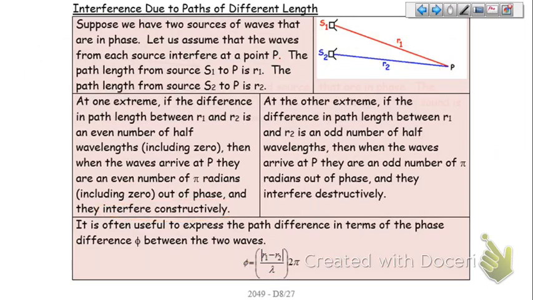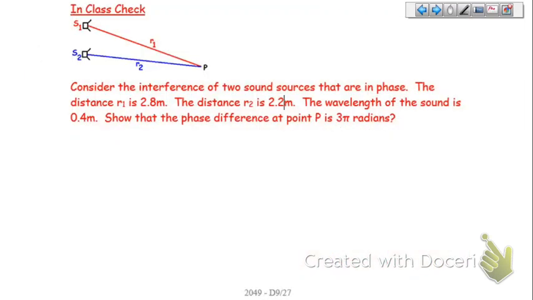No. So, let's consider a question. Consider the interference of 2 sound waves, 2 sound sources that are in phase. So we don't need to worry about the sound sources. The distance R1 is 2.8. R2 is 2.2. The wavelength of sound is 0.4 meters. Show the phase difference at point P is 3 pi radians.